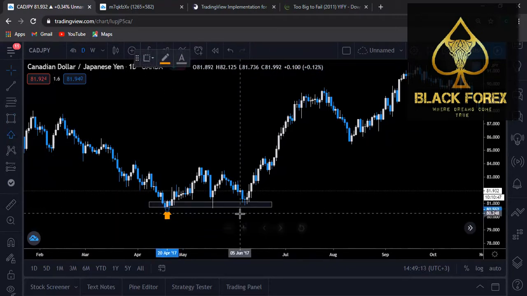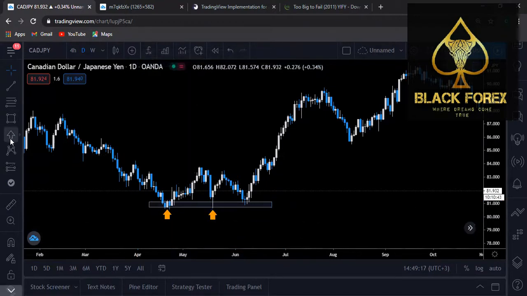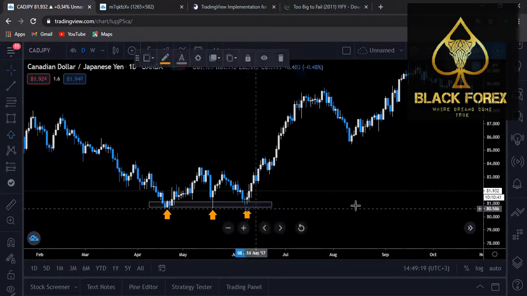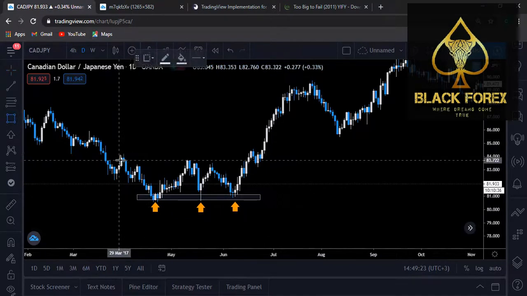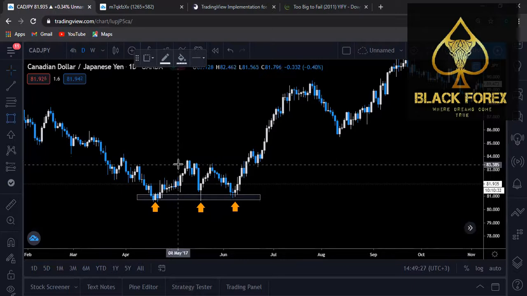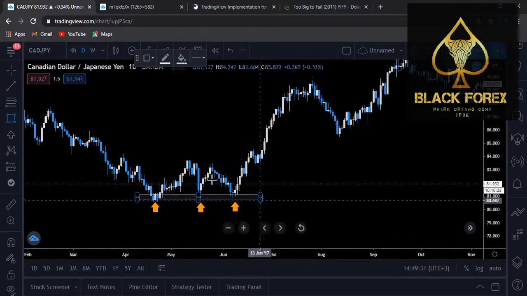We're on the daily time frame, CAD JPY. This is 2017. So this is what is called back testing of the market prices, seeing if your pattern actually works or not. So this is the triple bottom, as it has touched the market three times.